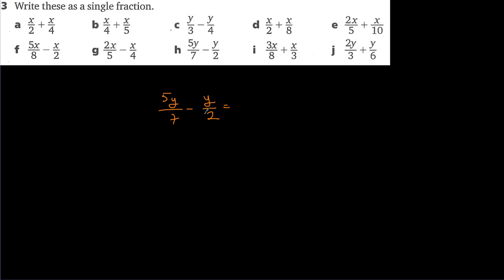By the rule, 5y times 2, and minus 7 times y, divided by 7 times 2 is our solution, which is equal to 10y minus 7y divided by 14. 10y minus 7y is equal to 3y divided by 14, which is the answer to question H.